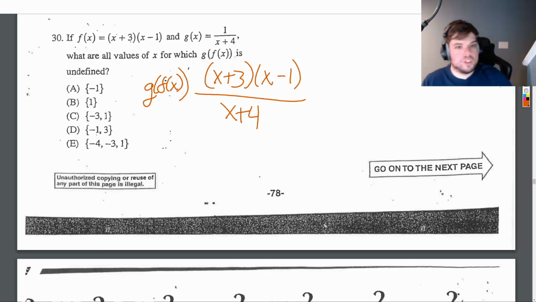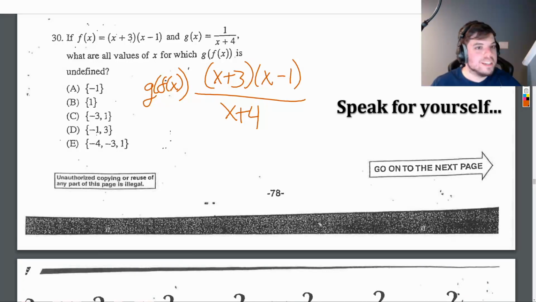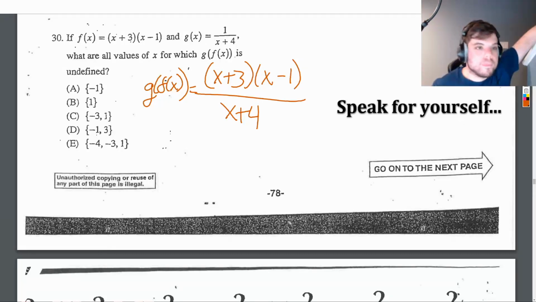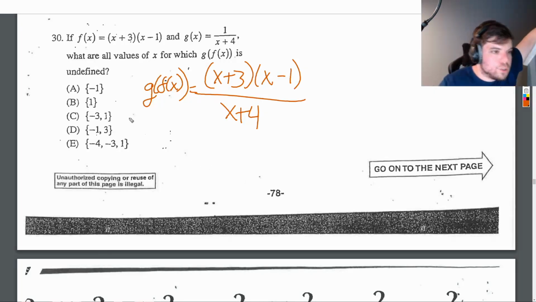Hopefully composition of functions is something you're all very good at. What are all values of x for which this is undefined? Our answer choices are all very small sets. Is -1 undefined?